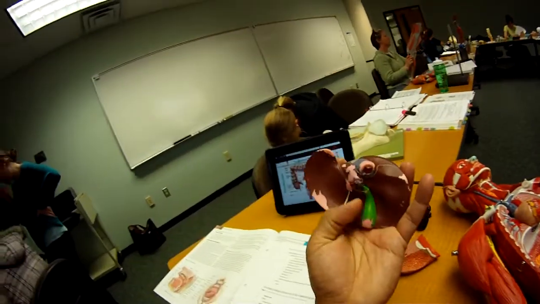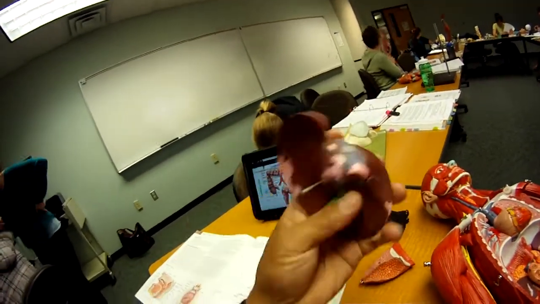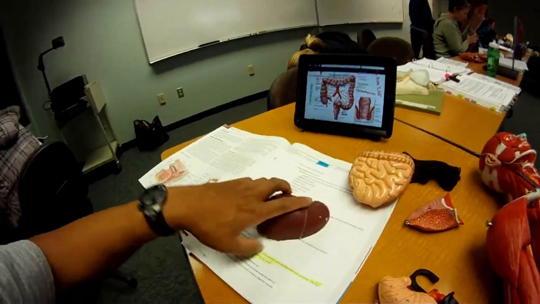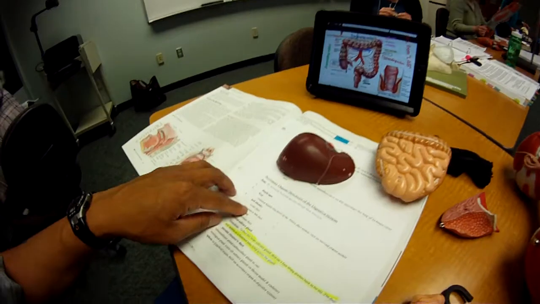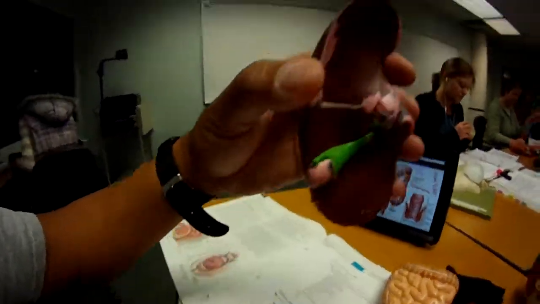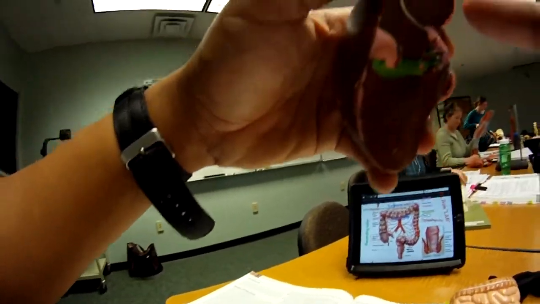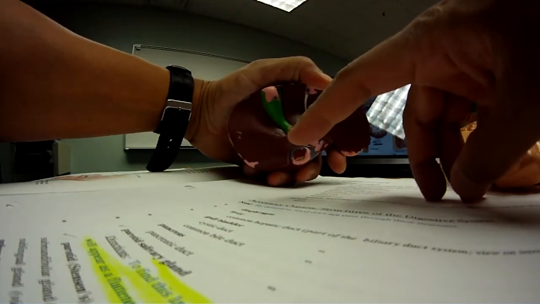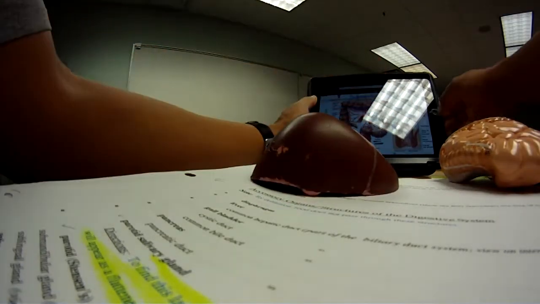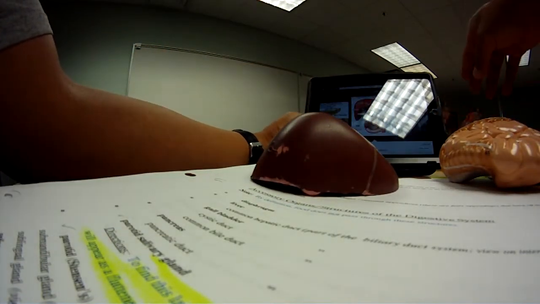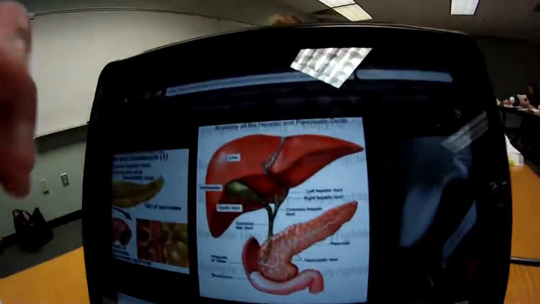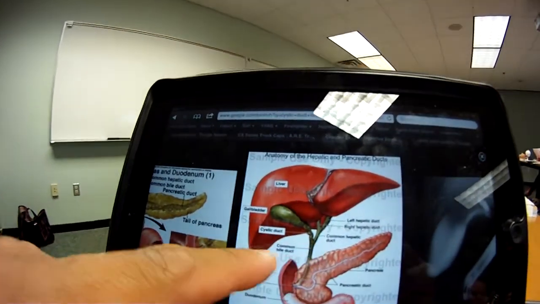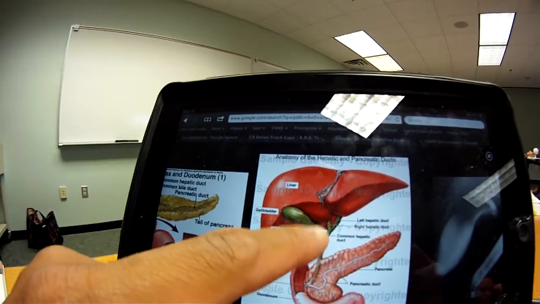Okay, and under the inferior of the liver is the gallbladder, right? And the cystic duct and the common bile duct. The cystic duct would be right here, and the common bile duct would be hanging. I think I pulled that up here. There you go. The cystic duct is right there, and the common bile duct is this right here.